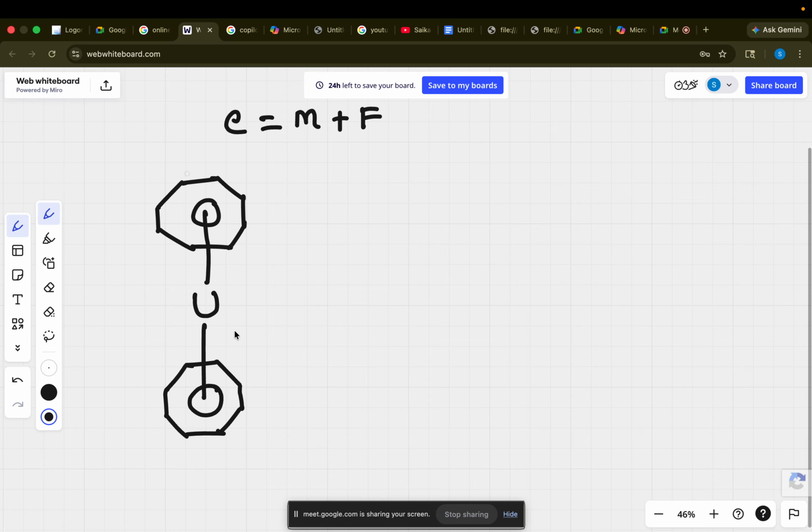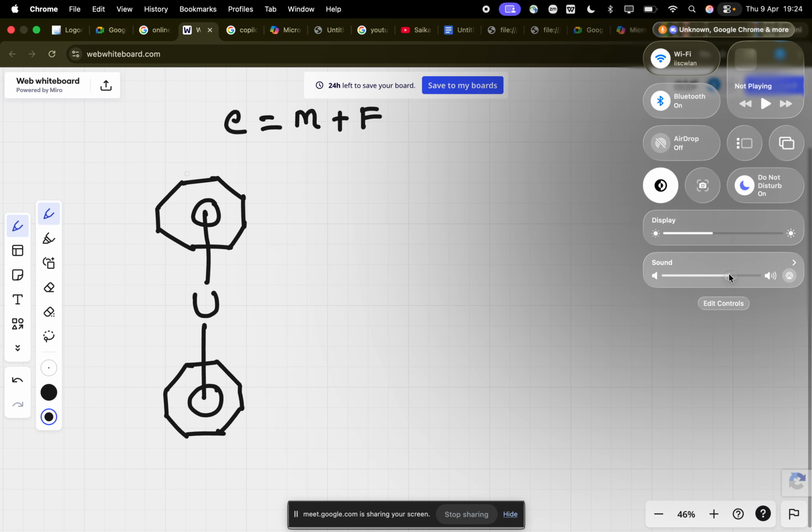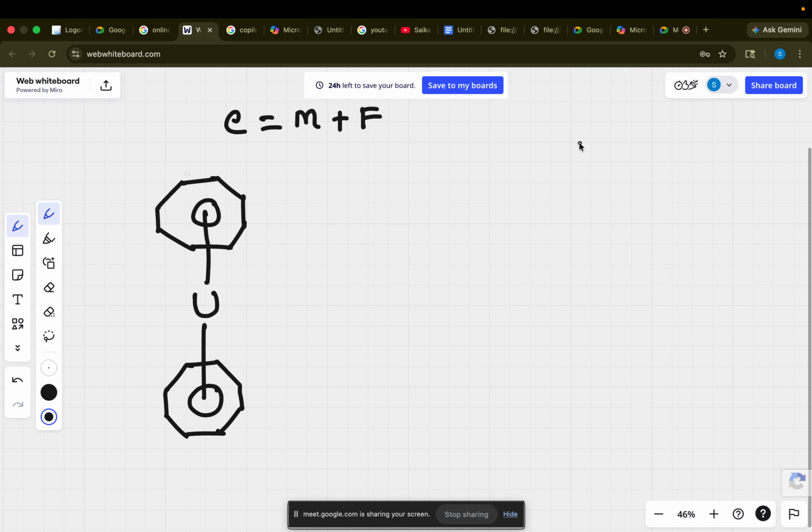So now find out the oxidation state for uranium here. First of all you have to see this 8-membered ring, right?